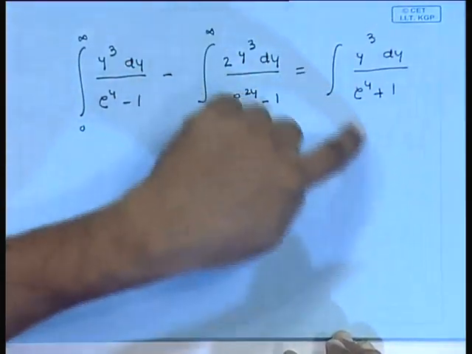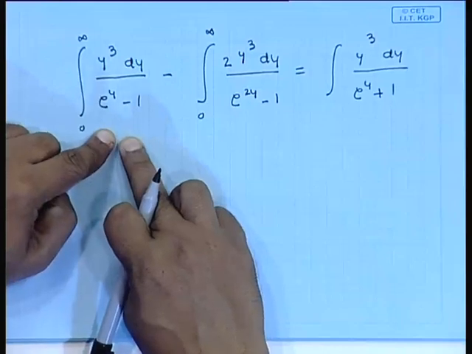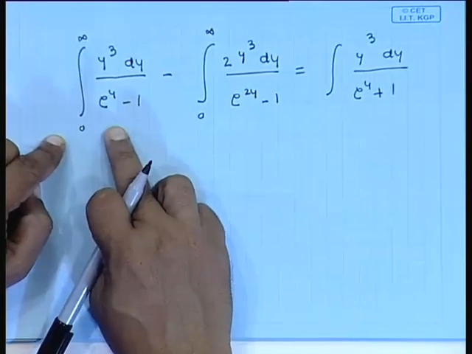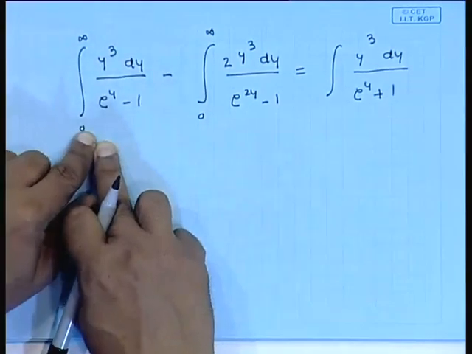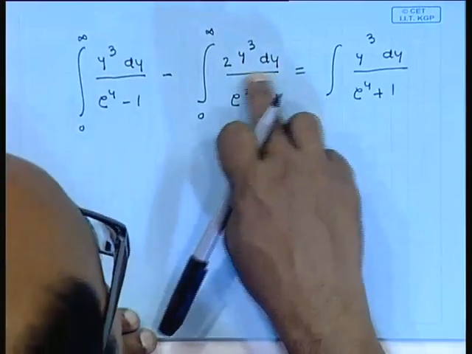So, this is the integral that we require. Now, we already know the expression for this integral, that is what we get for the bosons. Now, this integral can be easily converted to this.